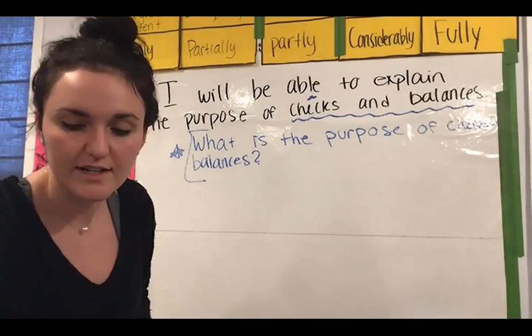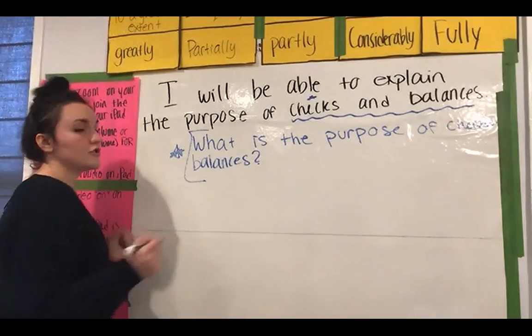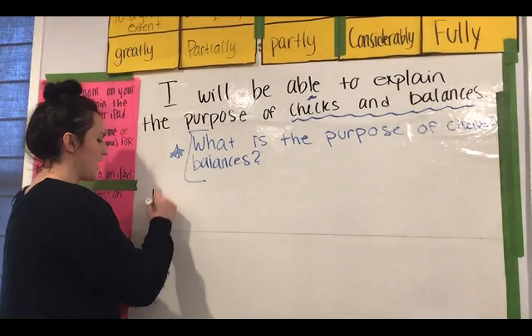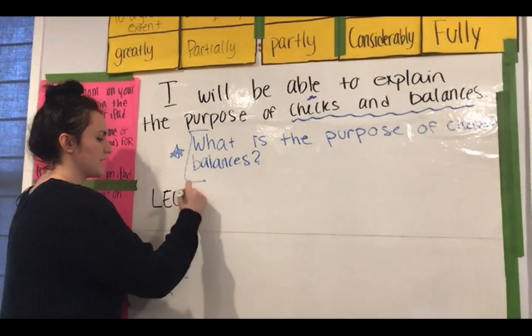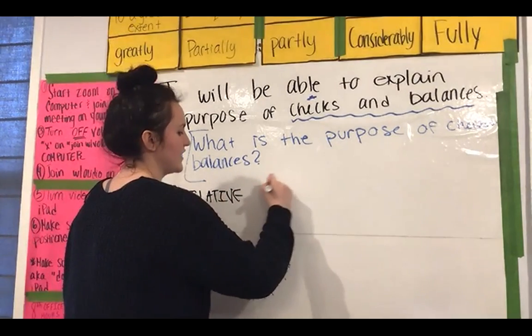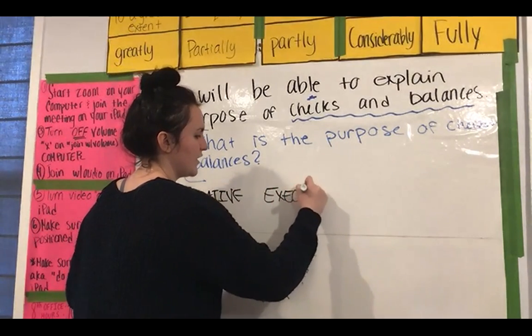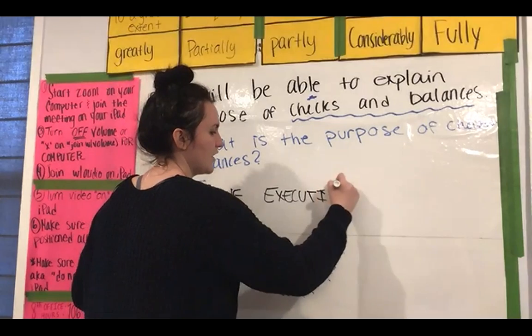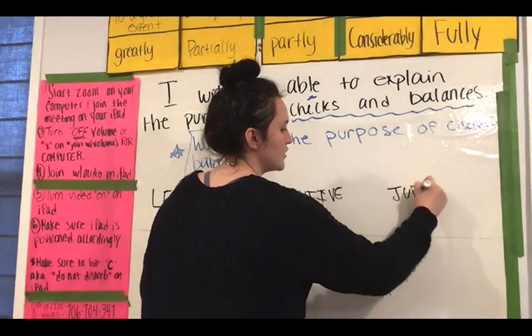We do know that checks and balances are related to our 3 branches of government. Remember, we've got 3 branches. We've got legislative, we've got the executive, and we've got the judicial.